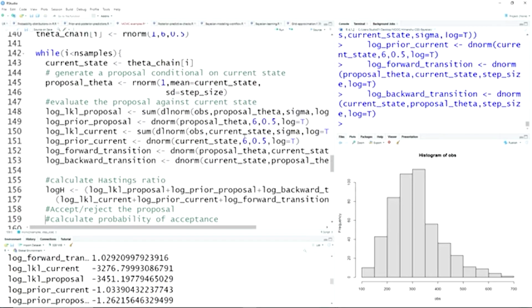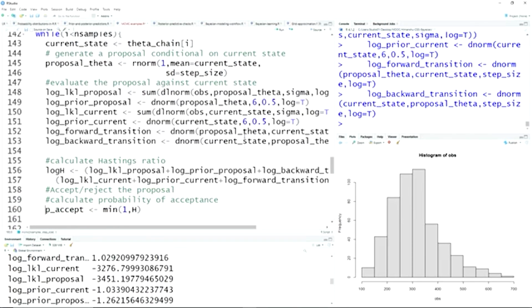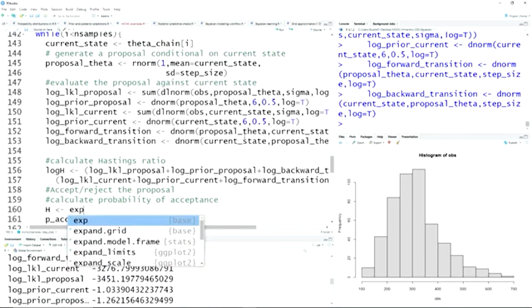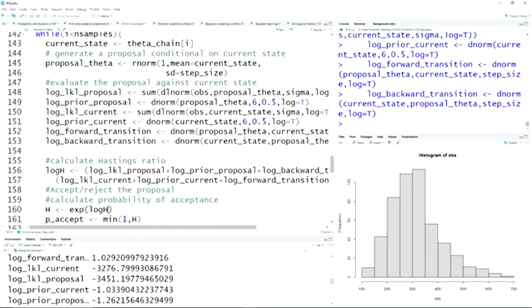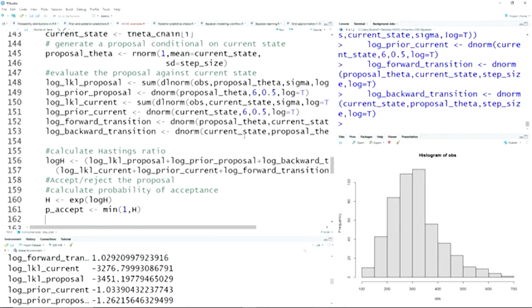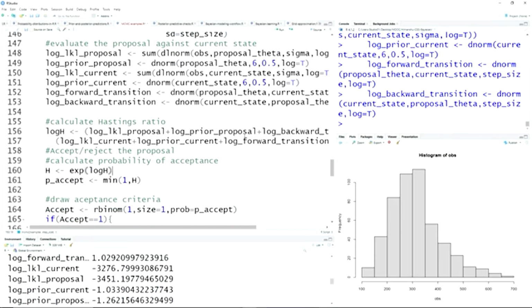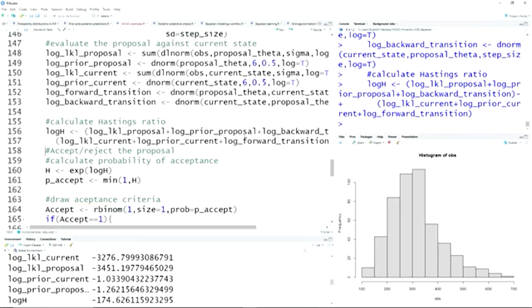Okay, so I have gotten now log h. So now from log h I can calculate h. So h is, let's say, exponent of log h. Okay, and now I can keep on doing the same things, okay, in the later part.